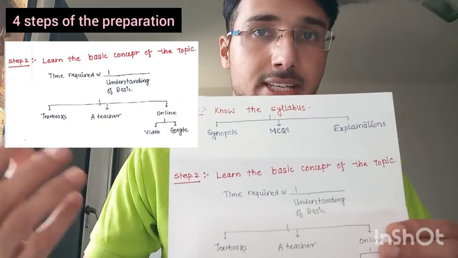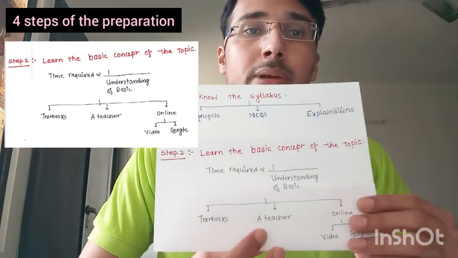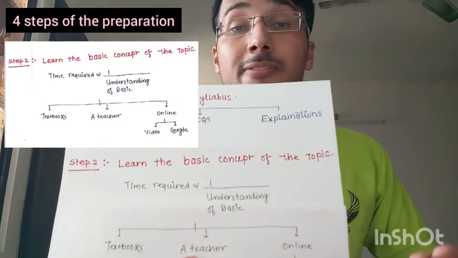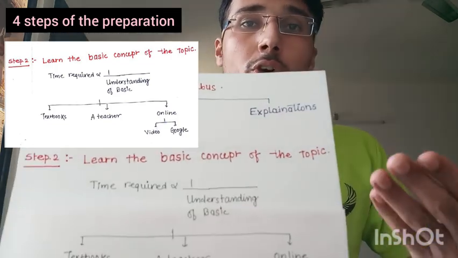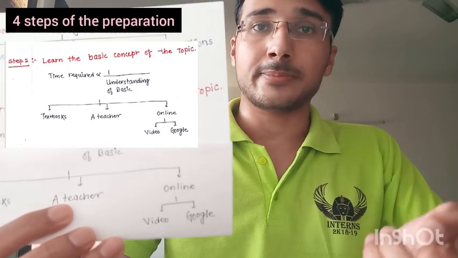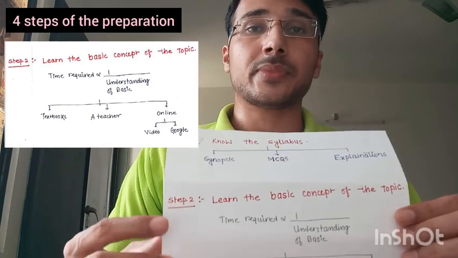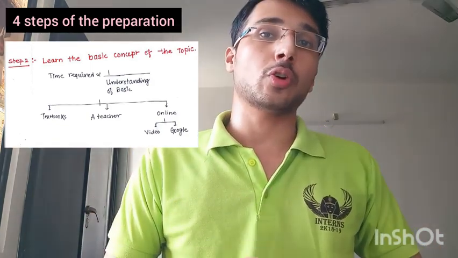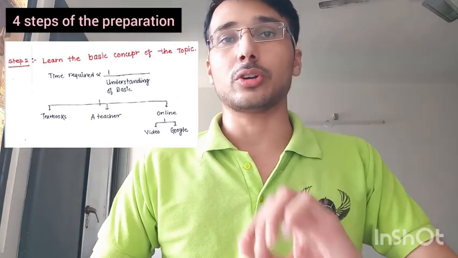You have references in the explanation, right? Also, you may contact your teacher, anyone who knows that concept properly, even your friend, or you can go online and learn from online videos or Google. So this is the second step, and this step cannot be fulfilled by Pulse. You will have to go for other sources if you don't know the concept.